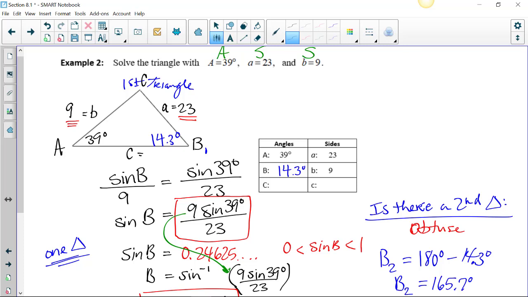Once we've got two angles, we can find the third angle. So I can find angle C by subtracting the two that I know from 180. So C comes out to be 29.3 degrees.